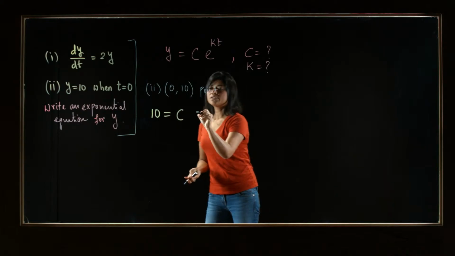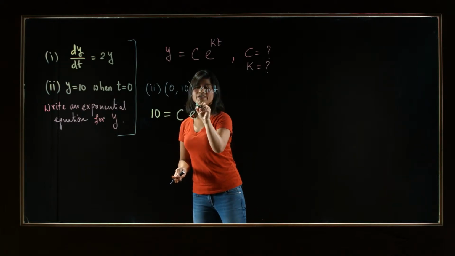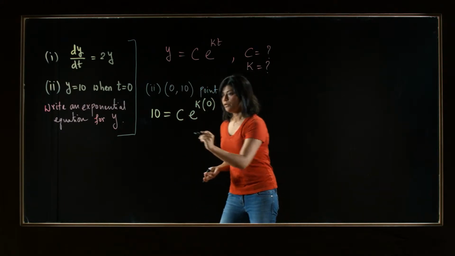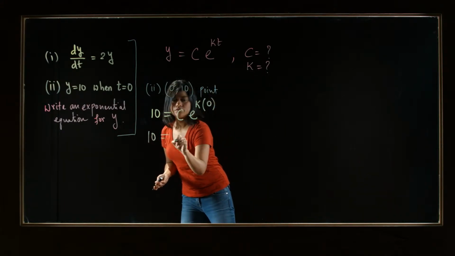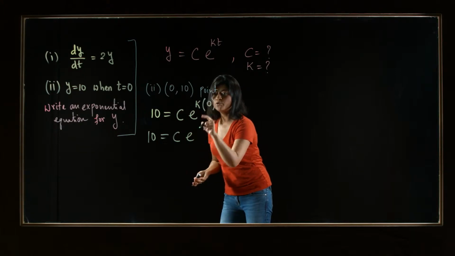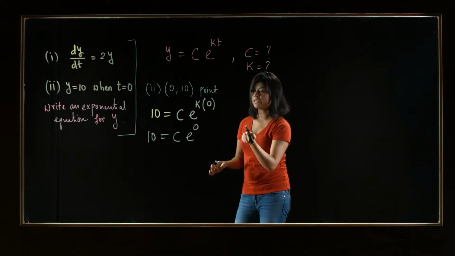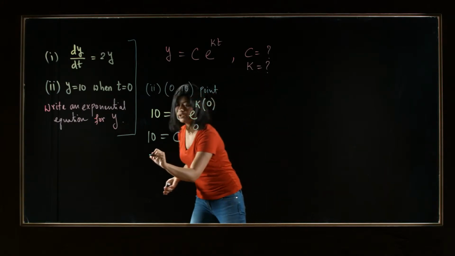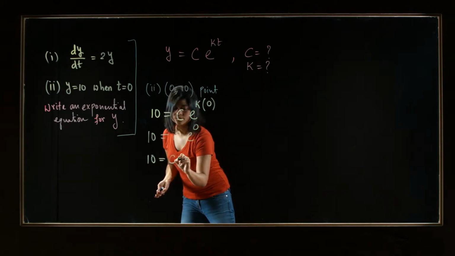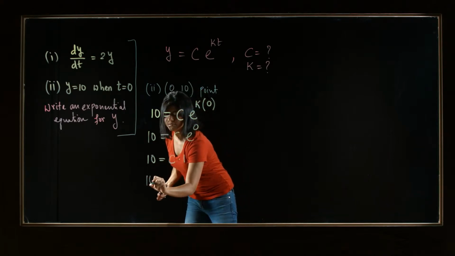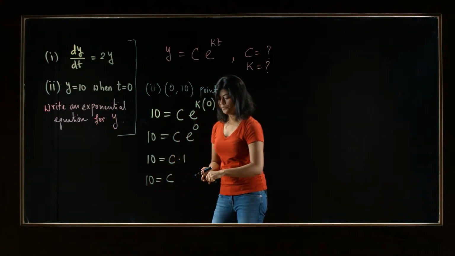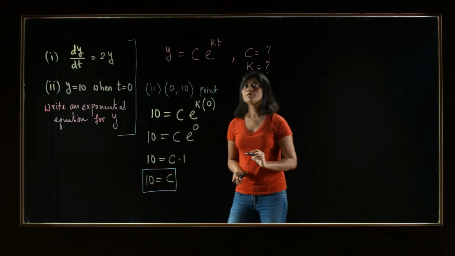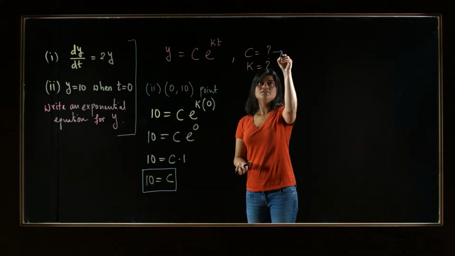That's equal to c times e to the power k times 0. Notice that the exponent will become 0 because 0 times k is 0, and e to the 0 is 1, using the property of exponents. And so we have the value for c. c is 10.